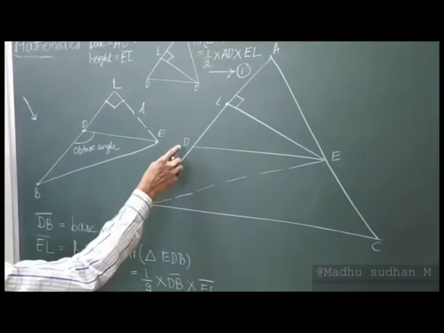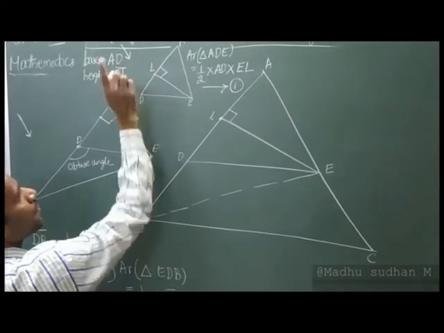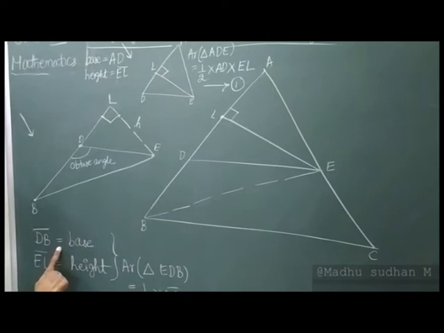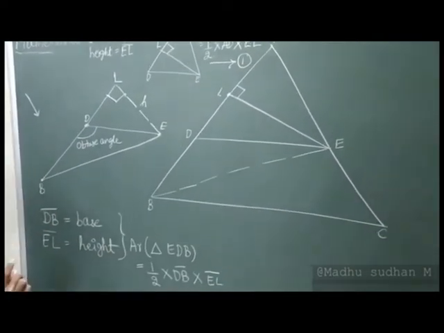So now moving further, with this base AD, please understand, and base DB, right? Now equation 1 divided by equation 2, so let me do that here only.